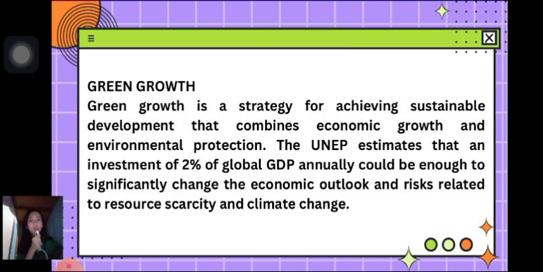So green growth is a strategy for achieving sustainable development that combines economic growth and environmental protection. Green growth is a combination of economic growth, or growing our economy, and environmental protection, or protecting our environment.